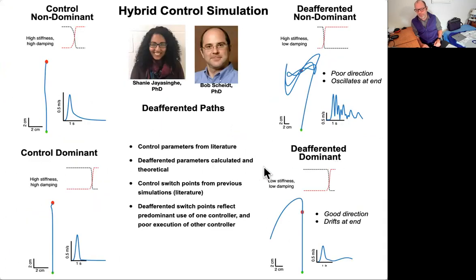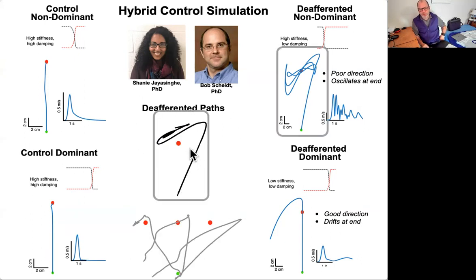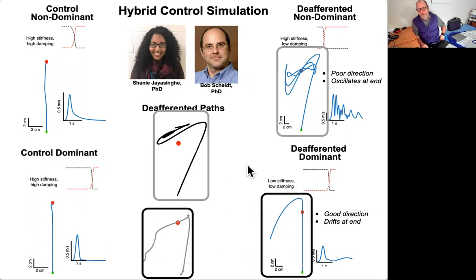And this was systematic. And so we used a simulation. Bob Scheidt was with us on this simulation. He did that work. We used a simulation like the one that I showed you before, where we had this series stiffness controller or predictive controller. And we pretty much were able to simulate what happened.